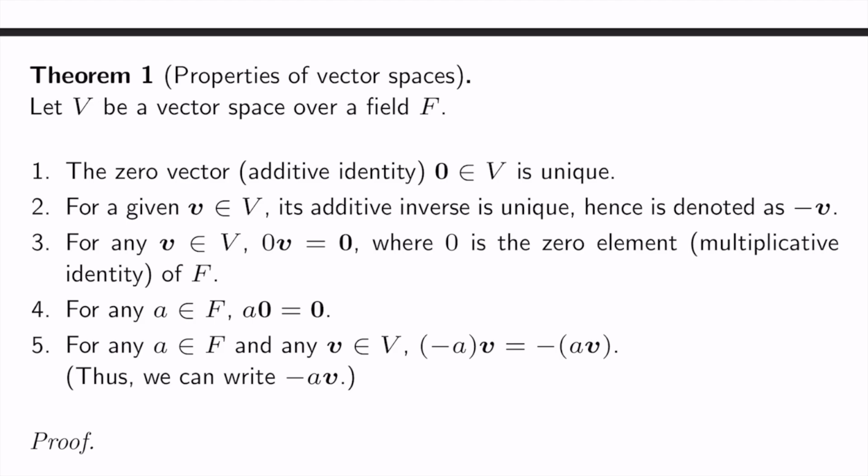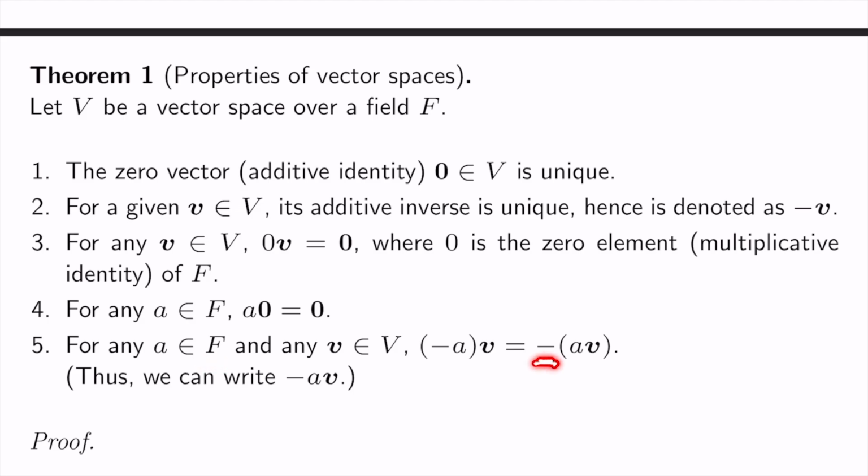And finally, for any field element a and any vector space element v, negative a times v is equal to negative of av. So this means this negative a is the additive inverse of this a in the field F. Okay?